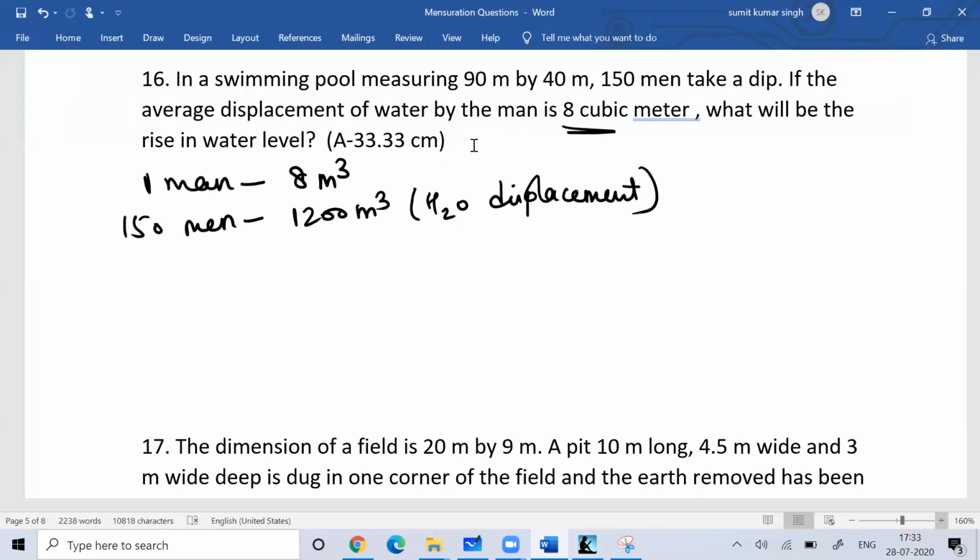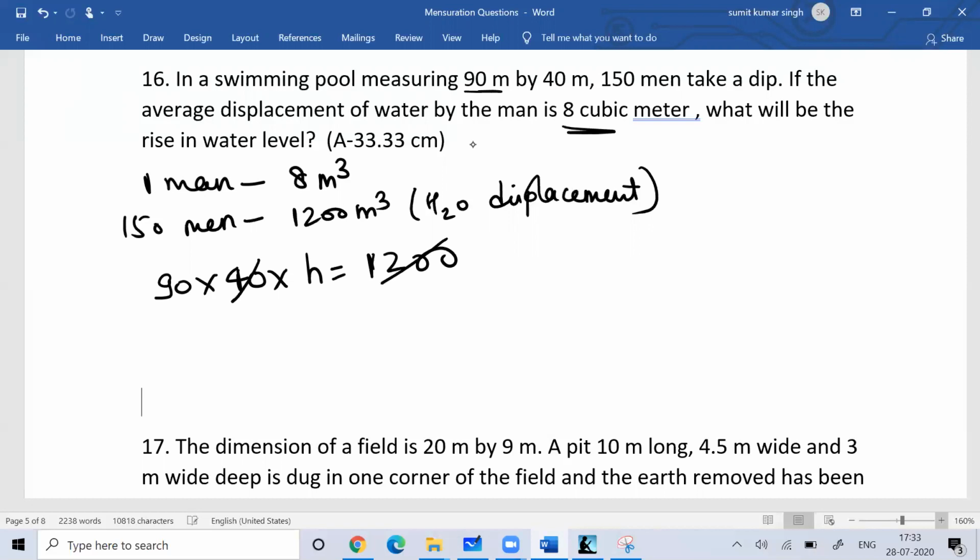The swimming pool dimension is given to you. So the volume of the swimming pool is 90 into 40 into height, where this is length, this is breadth, and this is height. That height depends upon the volume of the water displaced, which is given as 1200. So you just need to solve it.